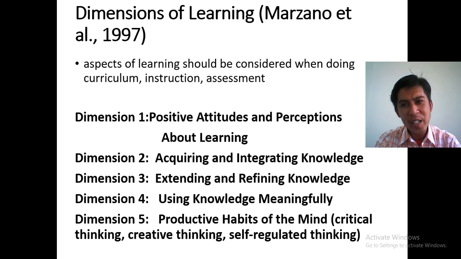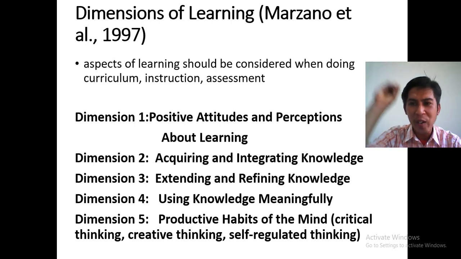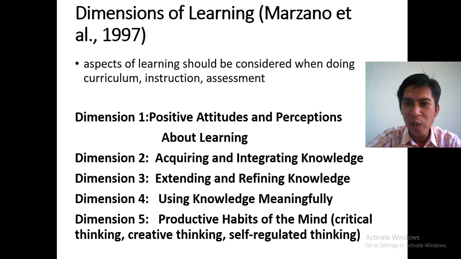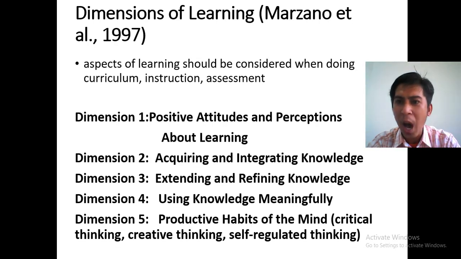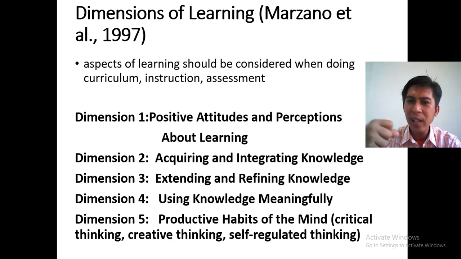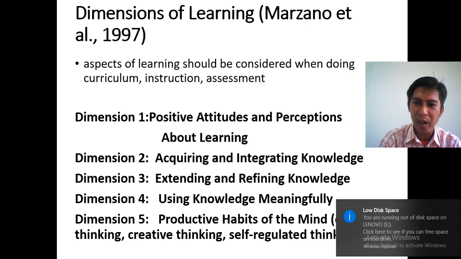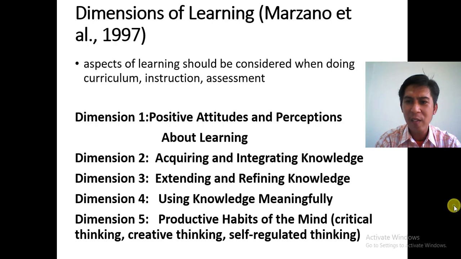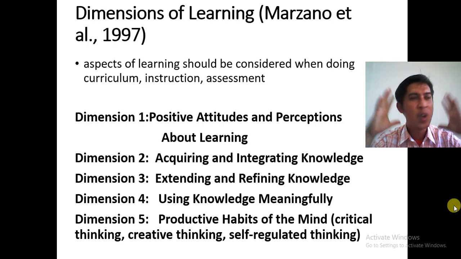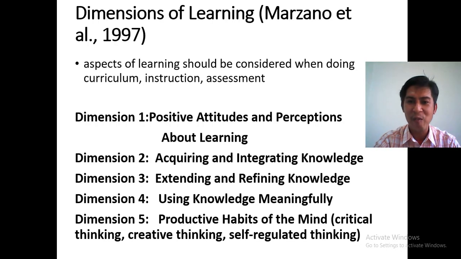After acquiring and integrating knowledge, integrating means there's prior knowledge already, and acquisition of new knowledge. You have to have strategies, help the students how to acquire knowledge, and guide them through your module how to integrate to existing prior knowledge. Then once those are already learned by the student, they can extend and refine knowledge, polish, master, with more applications to various contexts.